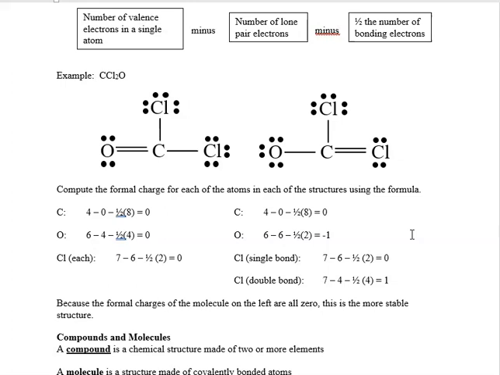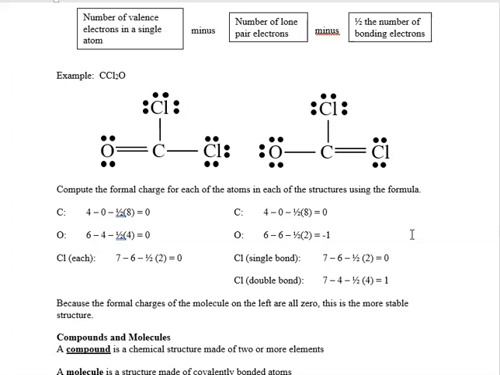The one straight line represents 2 electrons. So you take half of 2. So it's 7 minus 6 minus 1 equals 0. So you can see that all 3 of those are 0. That means that would be a preferred structure in nature, because it's closest to 0. But let's look at the other structure first. Maybe that's going to be all zeros as well.